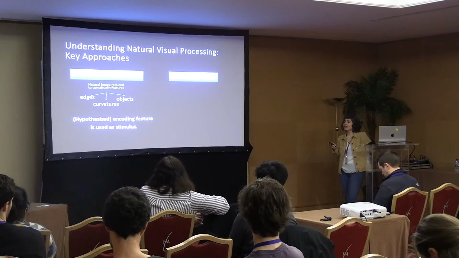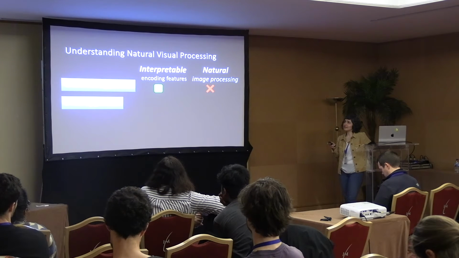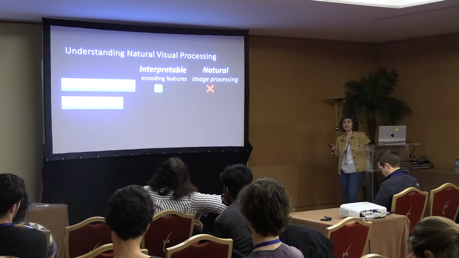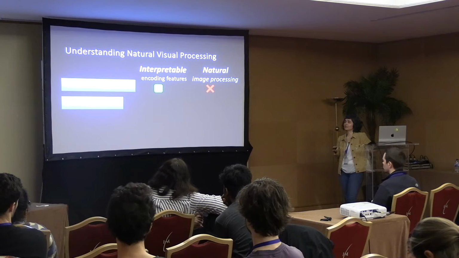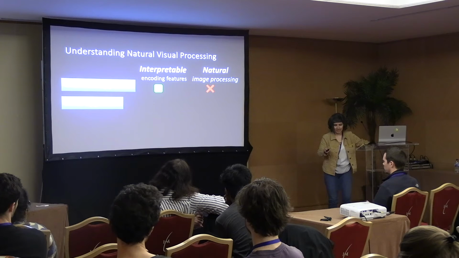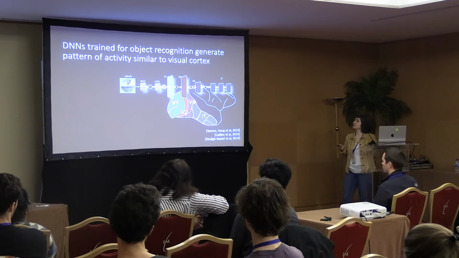So you see that the problem with this approach is that we never get to see how those encoding features are going to get processed in the whole naturalistic process. We just know about how those features are going to process. But the obvious advantage of this method is that these features are interpretable.